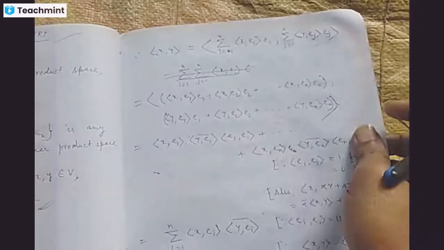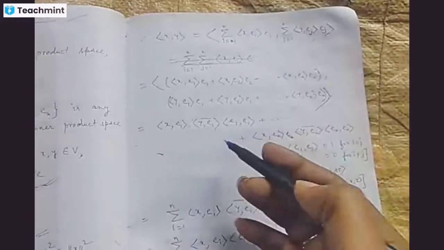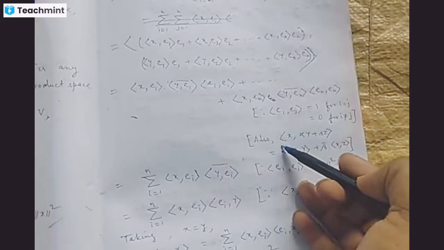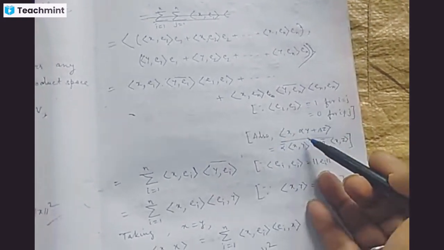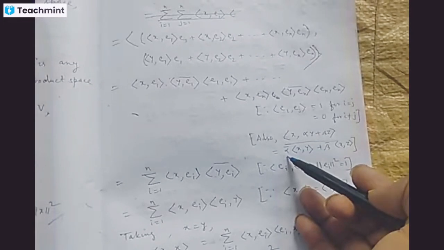So in this way, if we use inner product theorems, as we know, the inner product of x with alpha y plus beta z can be broken down in this way: alpha bar times the inner product of x y plus beta bar times the inner product of x z.